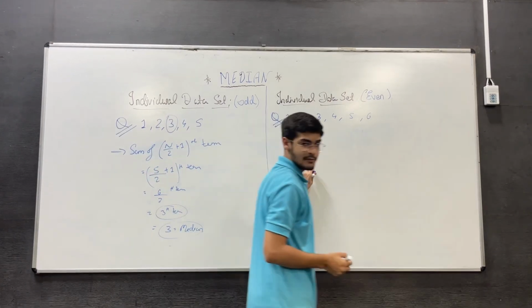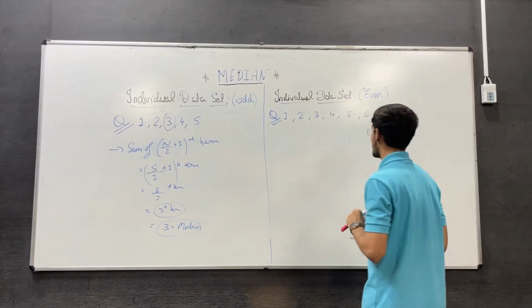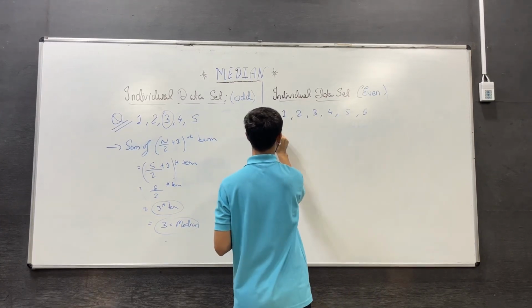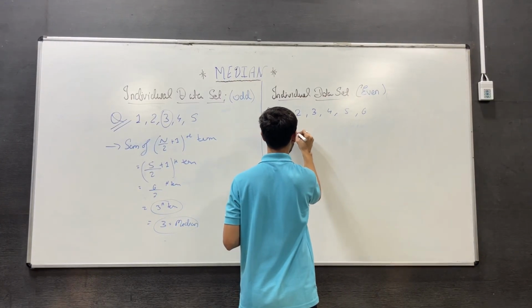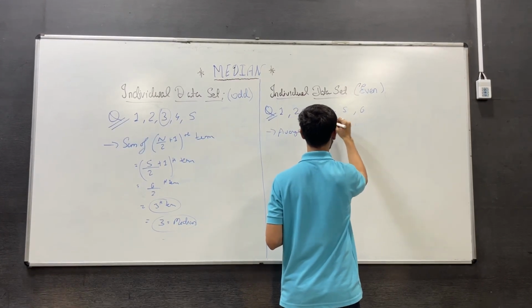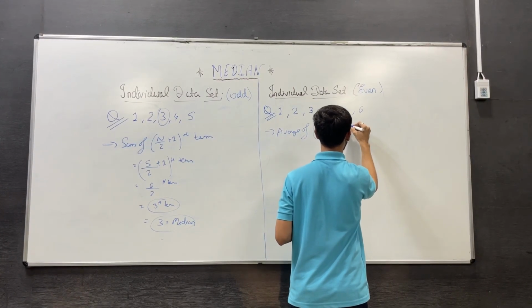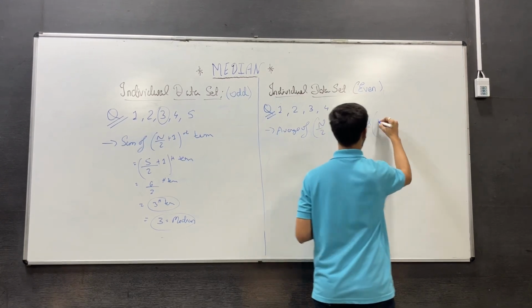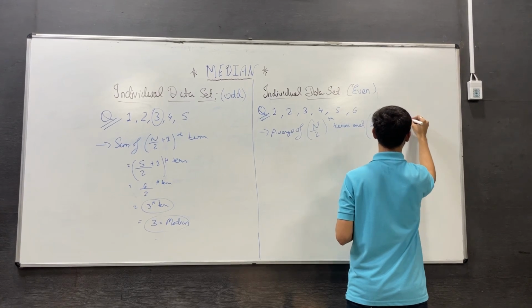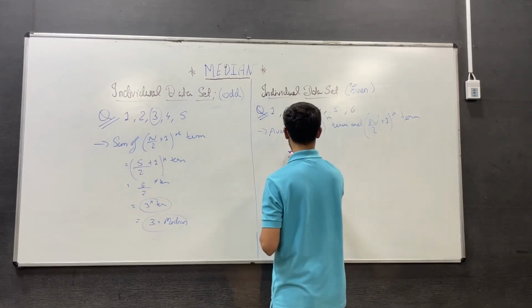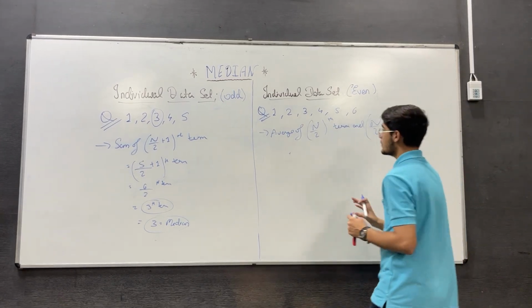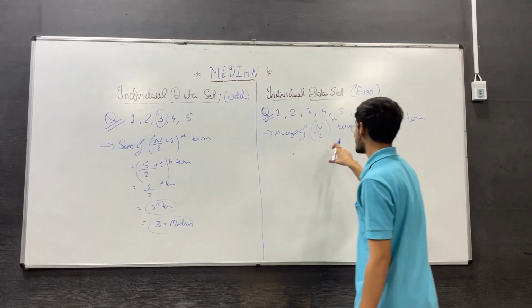Next, for the even data set. Here we have an even data set, so the formula changes. The formula is the average of the n by 2th term and the n by 2 plus 1th term. We have to take the average of both of these terms. Here n is 6.